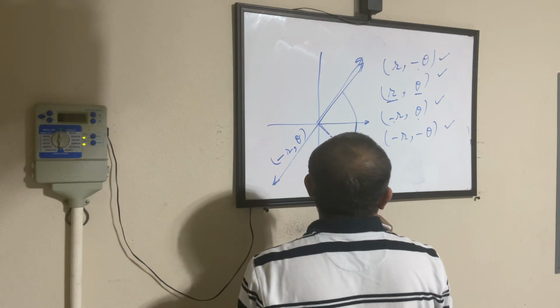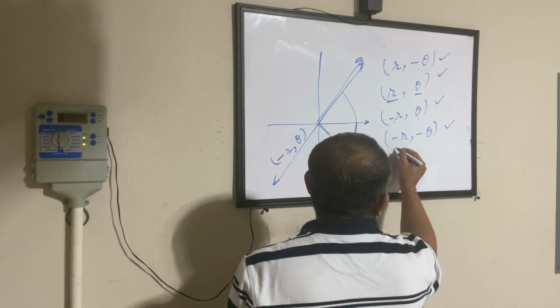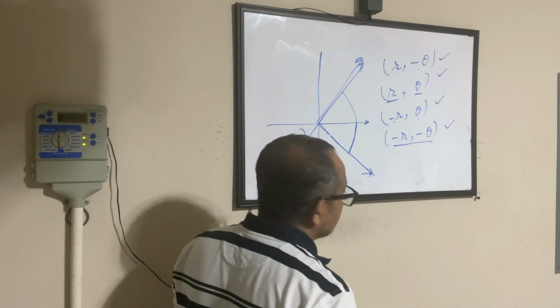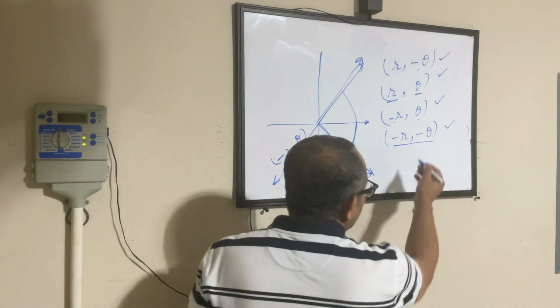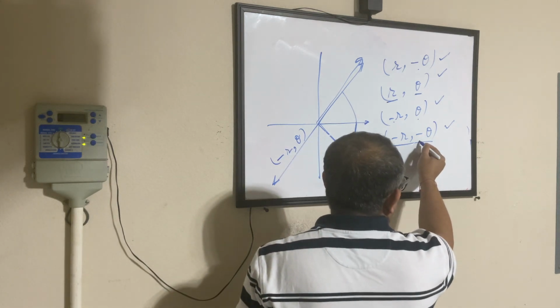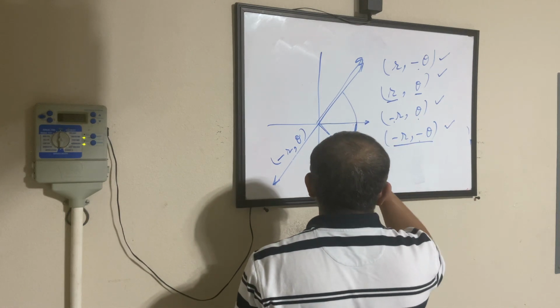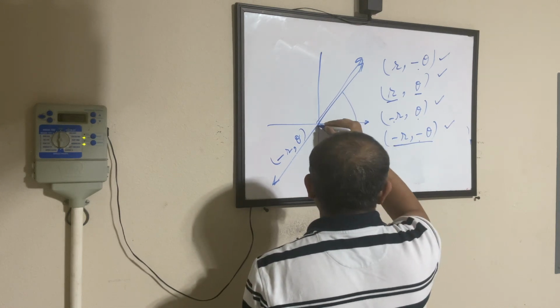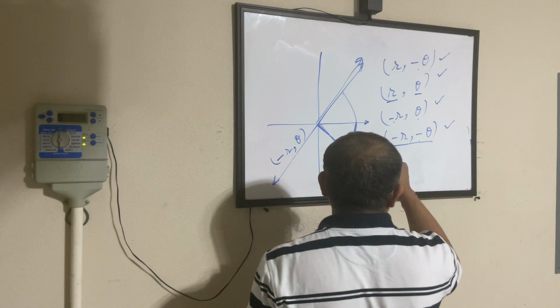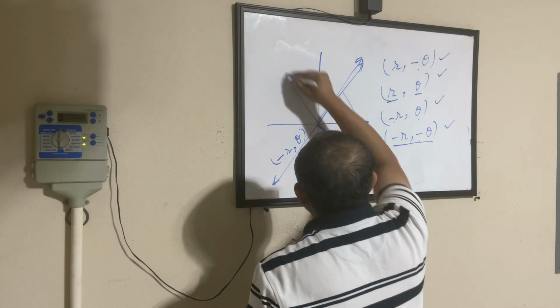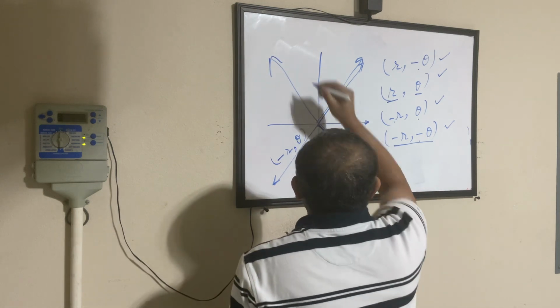Is the fourth one the fourth quadrant? You'll always start with the angle. So minus theta, you are going in this direction. If r was positive, I would be talking about this. But I said r negative, so I'm actually flipping it, and I'm landing here.